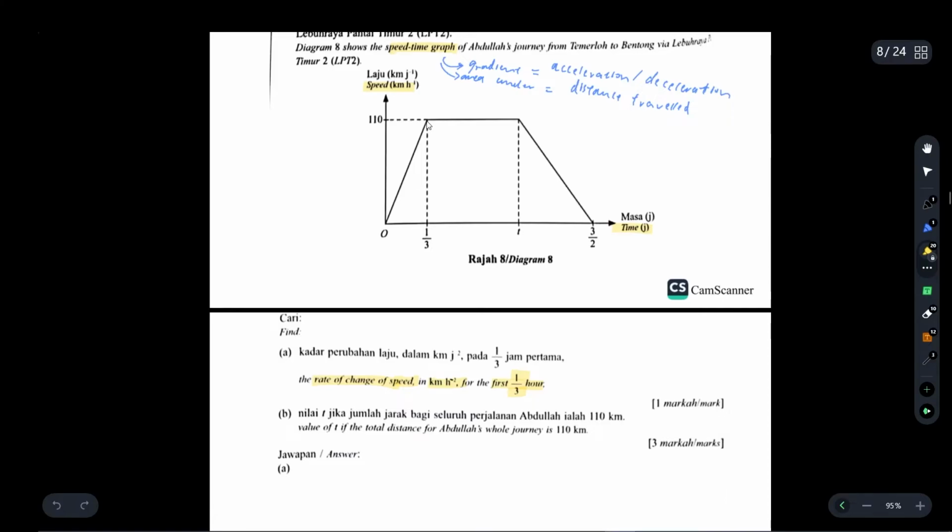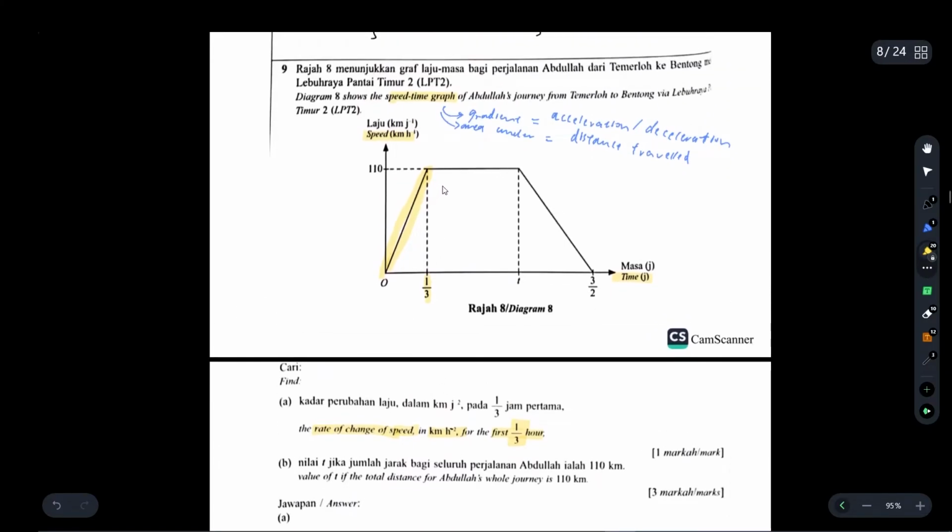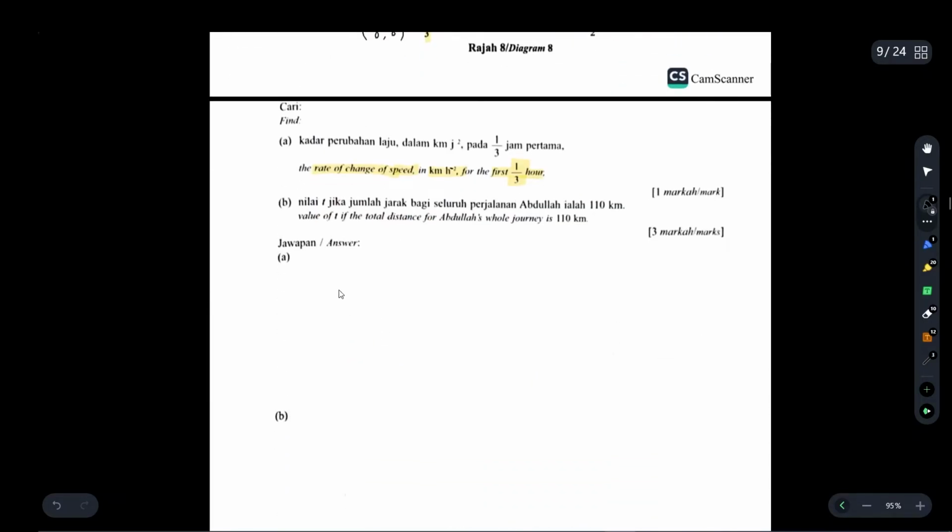So we need to find the gradient of this 1/3. The gradient formula is y2 minus y1 over x2 minus x1. And we have the origin 0, 0, so basically we don't have to write out the subtract operation. And this is 1/3 and 1/10, that's the coordinate.